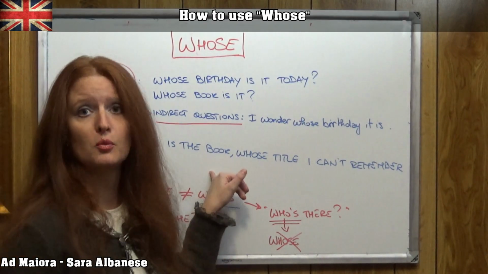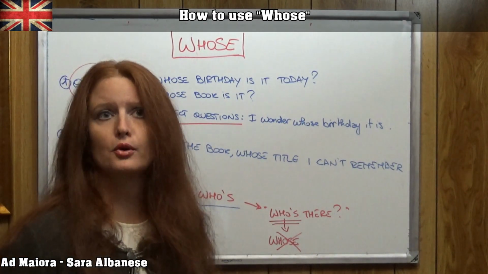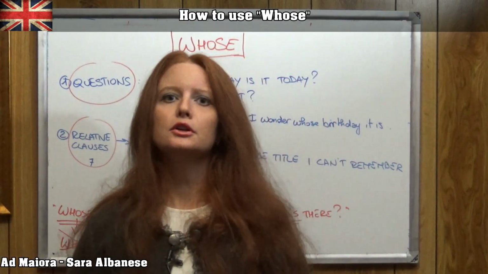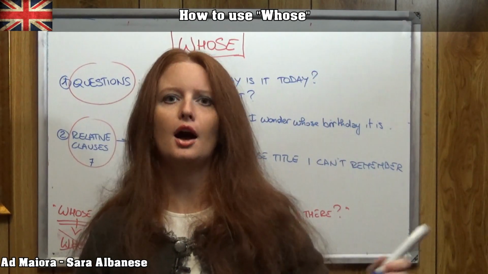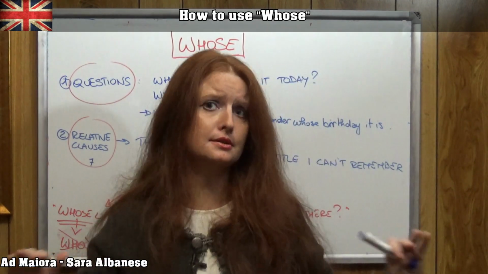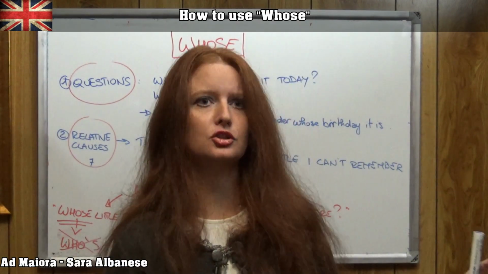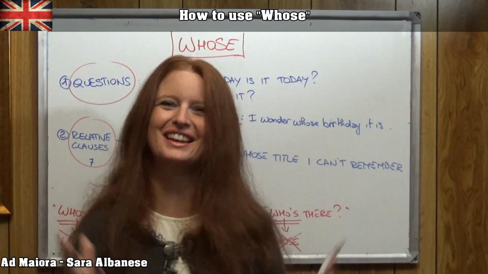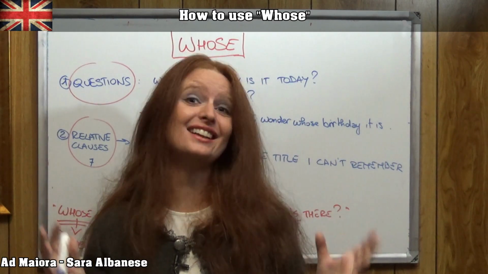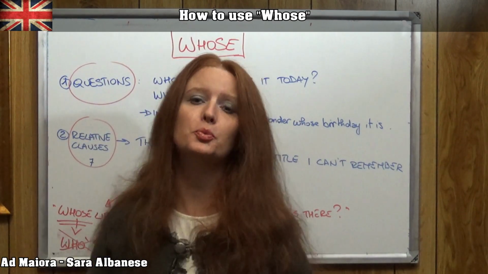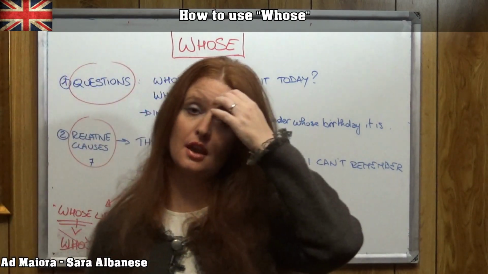In this case it is an object, it can also be a person. This is the woman whose child is playing in the garden. In this case the meaning is exactly the same, the child belongs to her. Well, this is not very beautiful to say, but this is the meaning, and she is a person, so it doesn't matter whether it is a person or an object, as in the previous case.